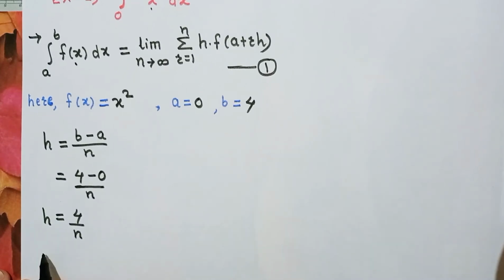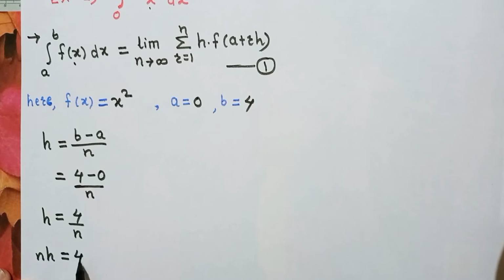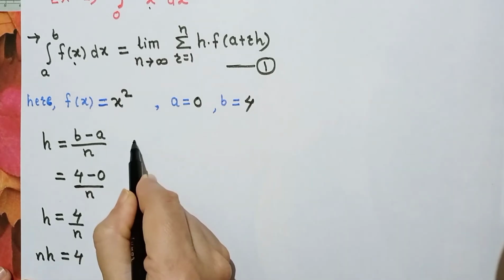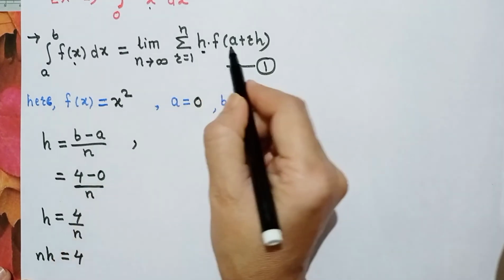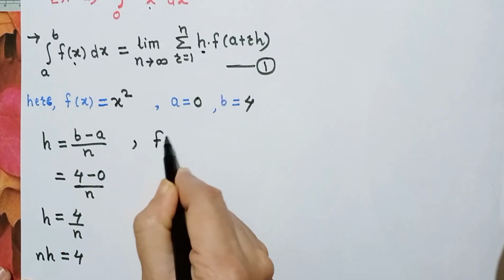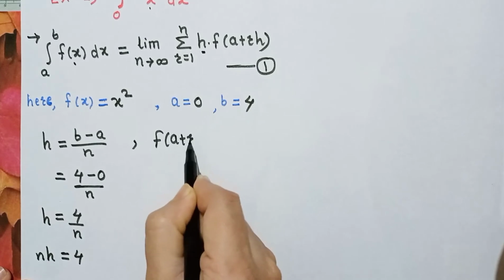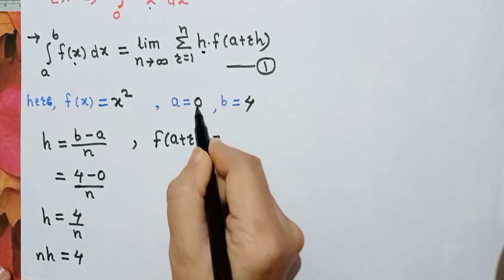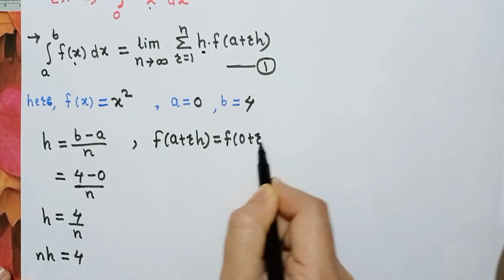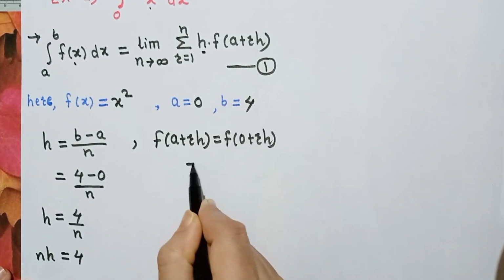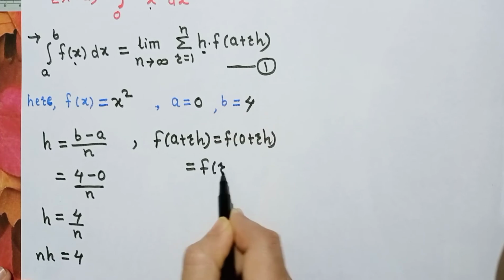So again we are finding nh equal to 4, and after that we will find, check now, we have found out h. Now we want f of a plus rh. Now substitute here value of a is 0, so f of 0 plus rh, that means this is simply f of rh.